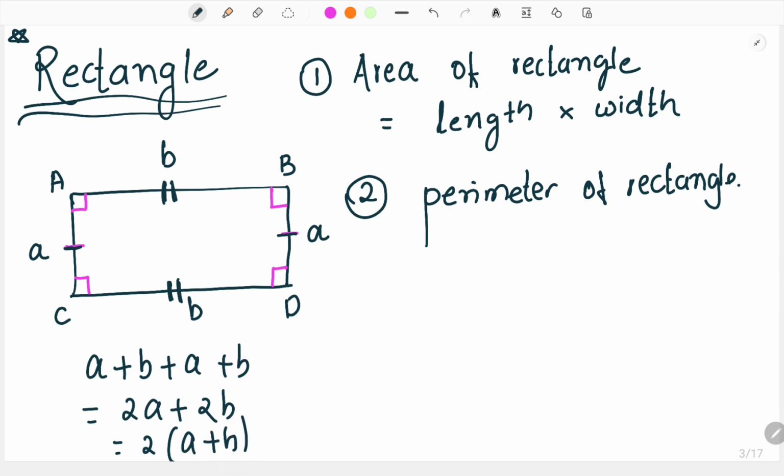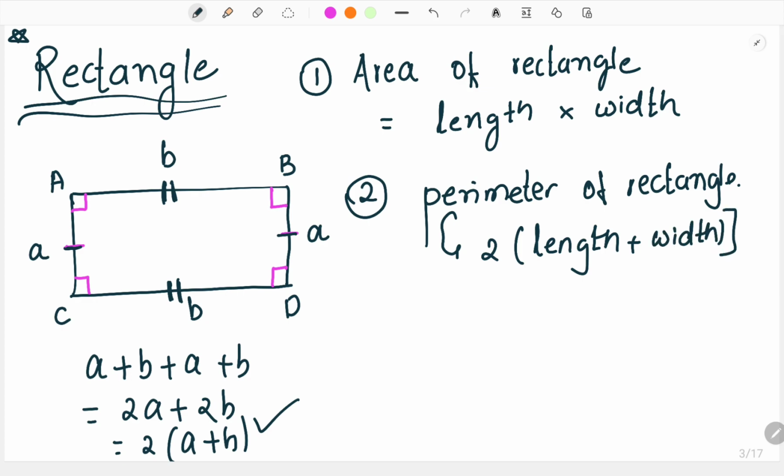This is the formula for the perimeter. It means 2 into (length plus breadth or width), whichever you want to take. Clear?